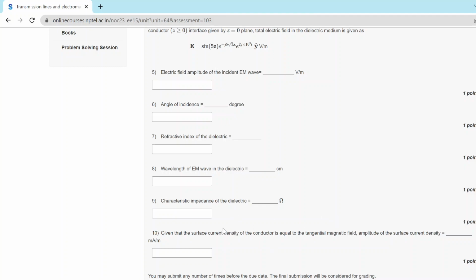If the vectors are equal, that means the surface current density vector is equal to the tangential magnetic field. So take out the tangential magnetic field, equate it to current density, and find out the amplitude of that vector. Finding the magnitude of the tangential magnetic field will give us the magnitude of the surface current density. So these are some of the hints to solve these assignment questions.